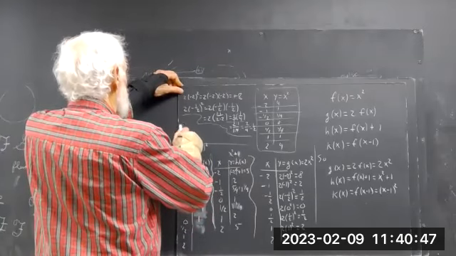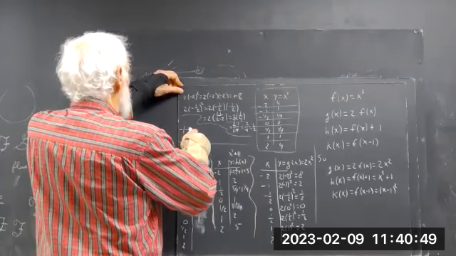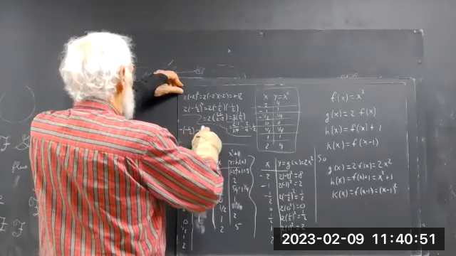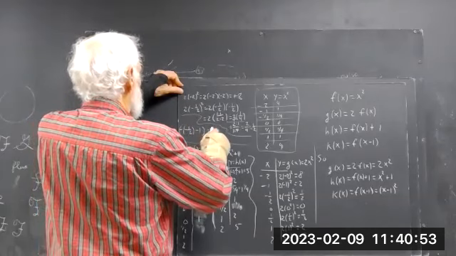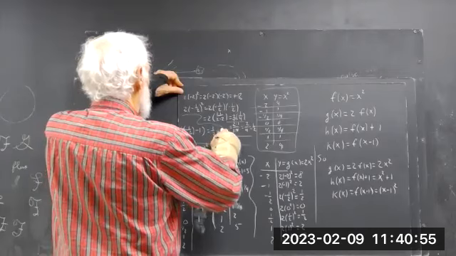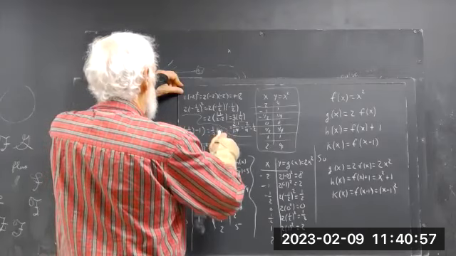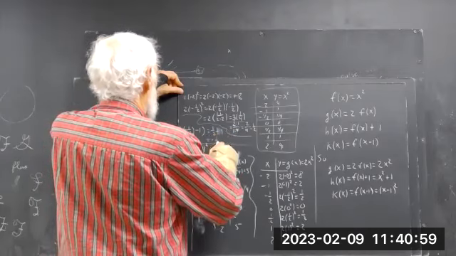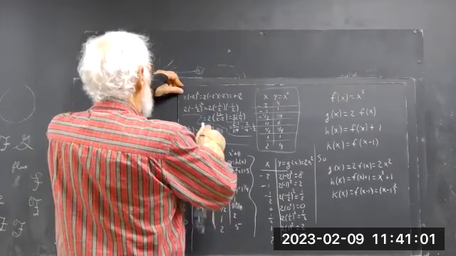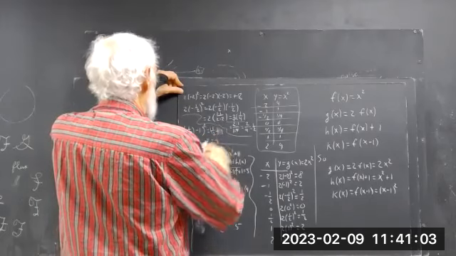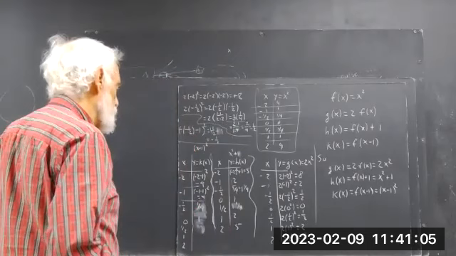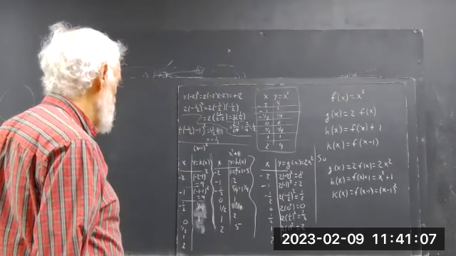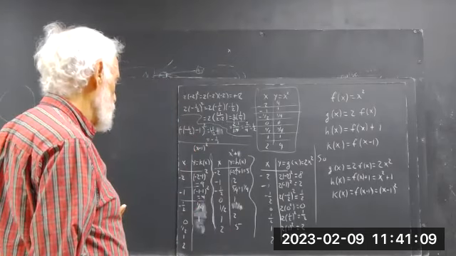Okay, 1/2 minus 1 is -1/2, and if I square that, I get 1/4.